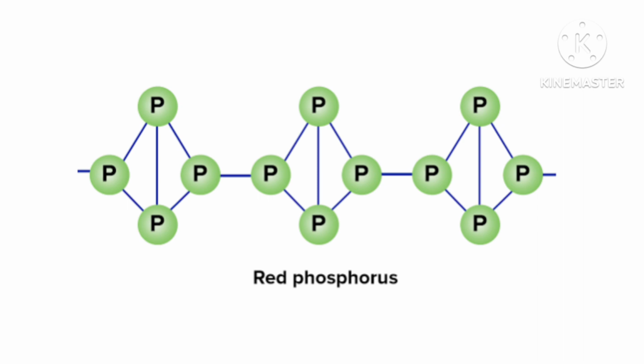Phosphonium is not a new word, just like ammonium, NH4 plus, that is the ammonium ion. In the same way, PH4 plus is the phosphonium ion, similar to NH4 plus, the ammonium ion.